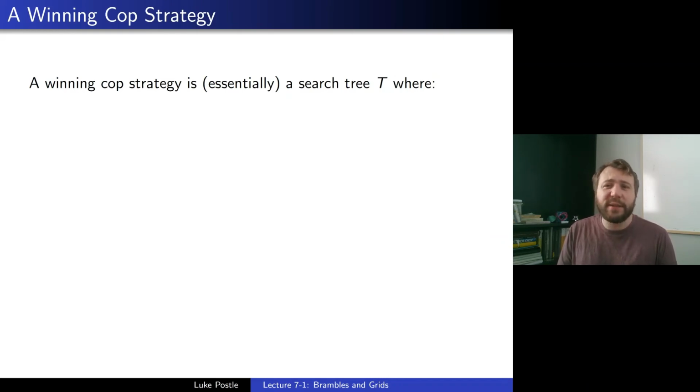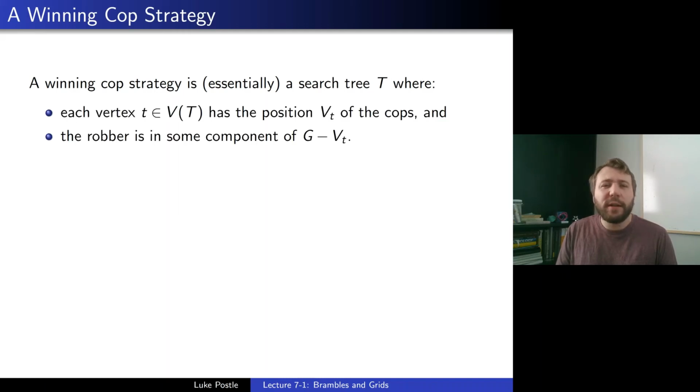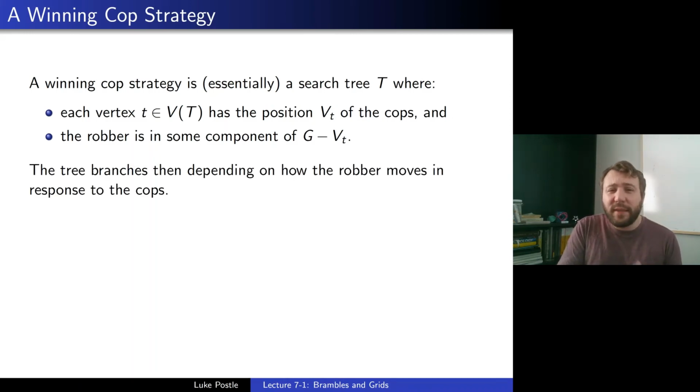Well, I'd like to claim it's essentially a search tree. If you mapped out a strategy for the cops, it would mean that for each vertex of the tree, they'd have a position for the cops, and we'd have the robber in some component of G minus V of T. Then the tree would branch depending on how the robber moves in response to the cop.